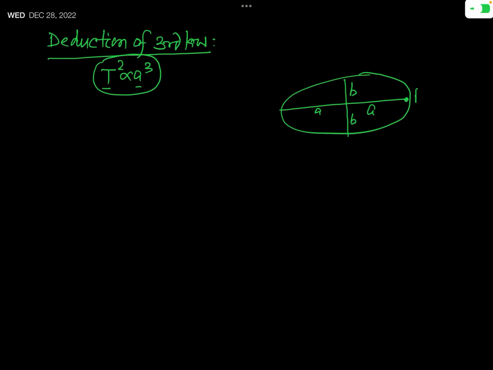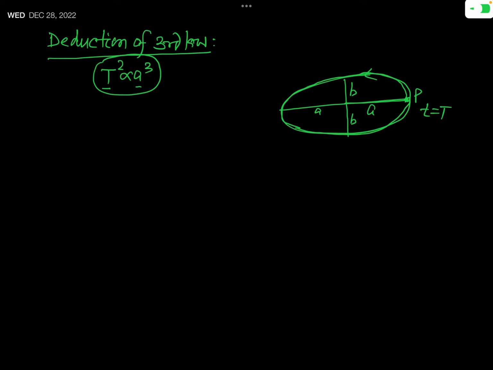Now let us consider that our planet starts moving from this point P, and when this planet moves along this ellipse and returns back to this position P, the time taken in this one revolution is called the period of revolution. Can you say how much area the radius vector of the planet with respect to the sun will describe in one revolution?